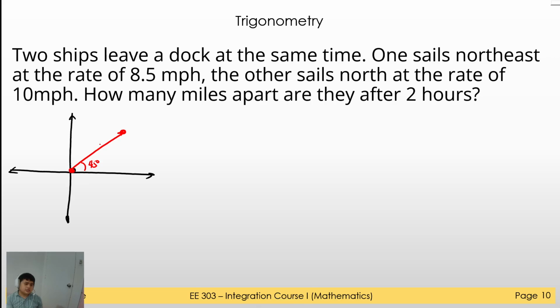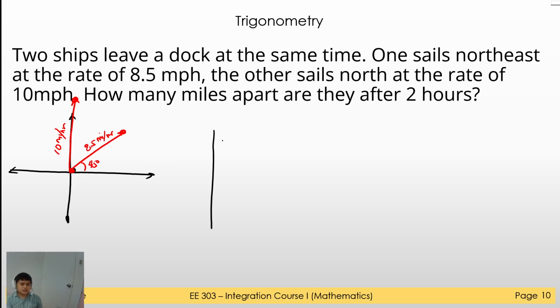The speed of this ship is 8.5 miles per hour. The other ship sails north only, at 10 miles per hour. So let's say this is its position at some time. How many miles apart are they after 2 hours? What is their distance?